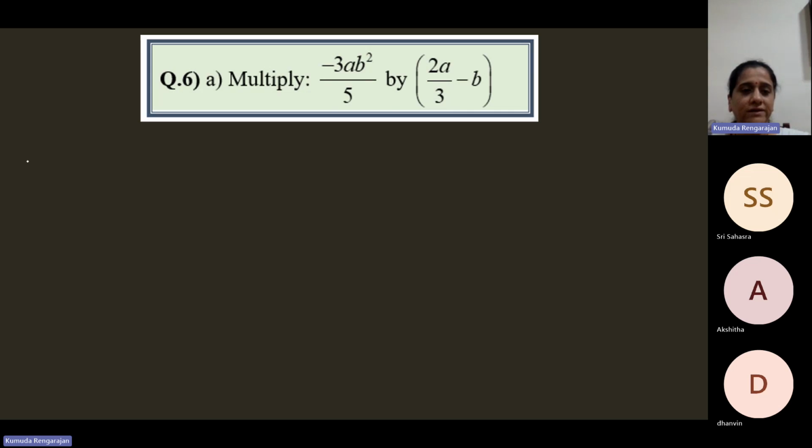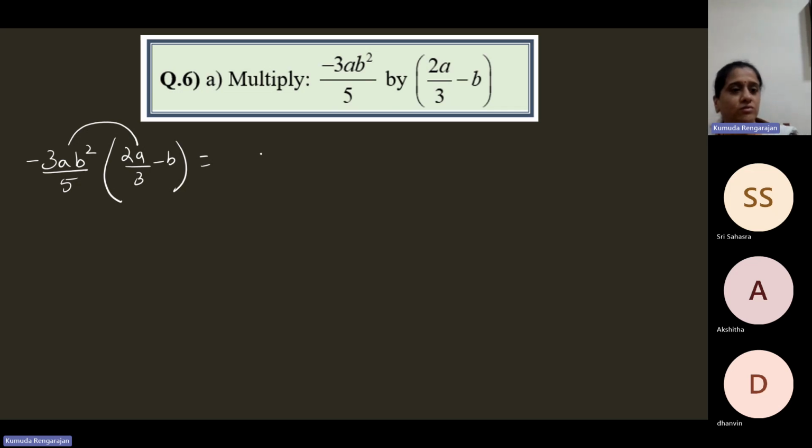See, minus 3ab square by 5 into 2a by 3 minus b is equal to, multiply this and this, multiply these two. So when you multiply these two, it will be minus 3ab square by 5 into 2a by 3, correct?